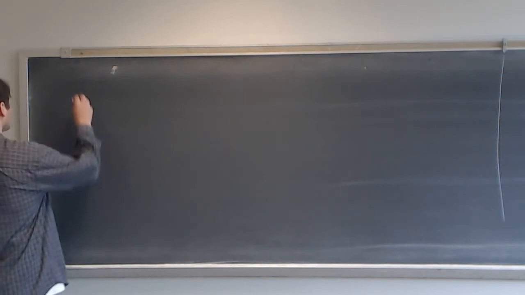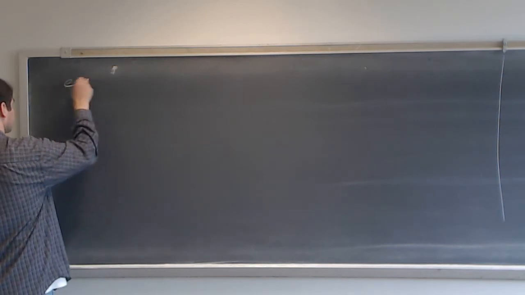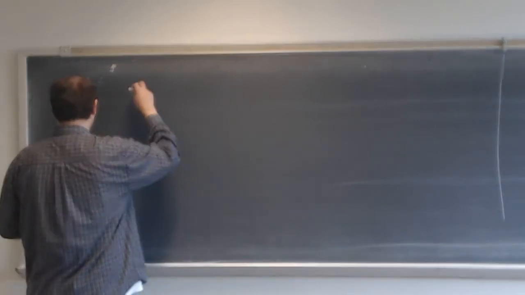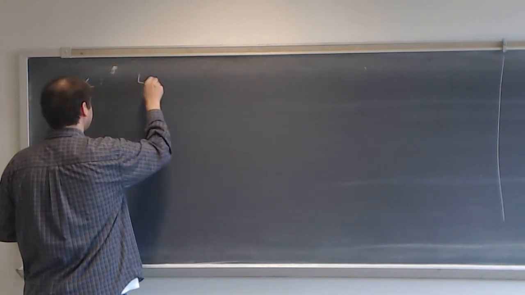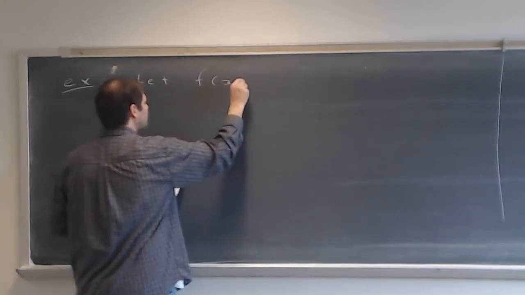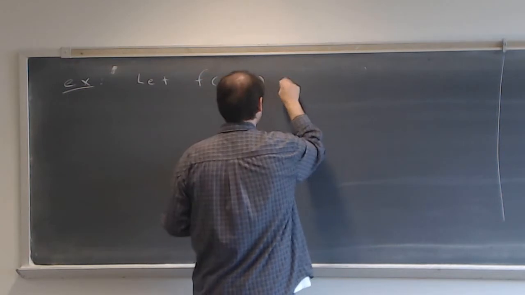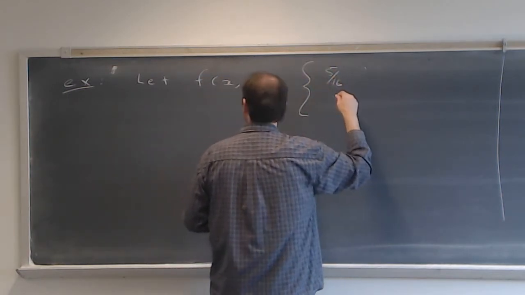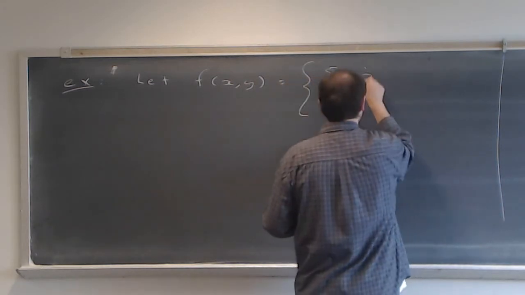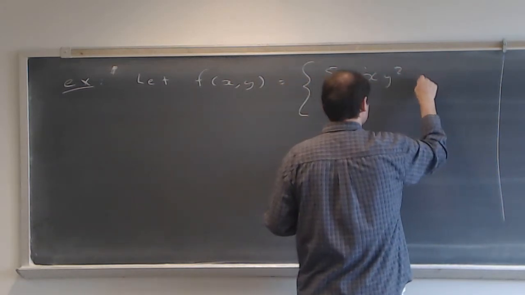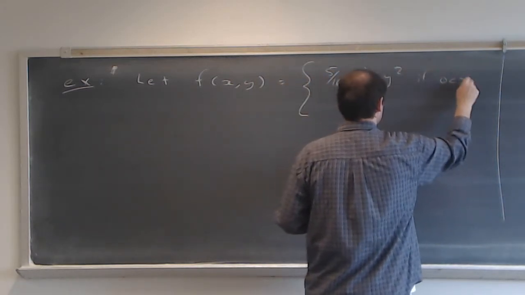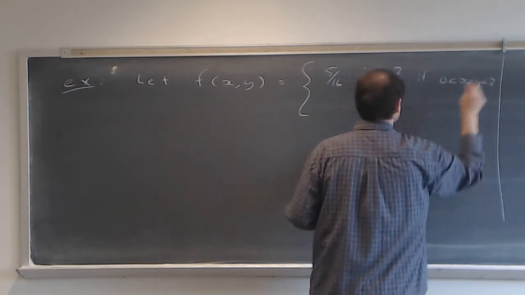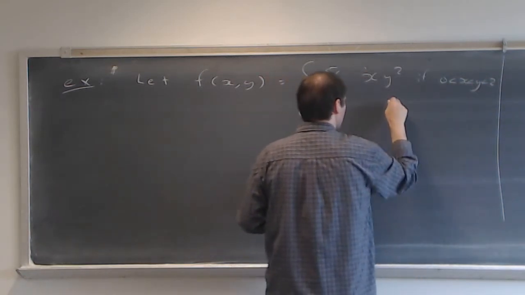So today we'll start with an example. We'll let f of x comma y be equal to 5/16 x times y squared if 0 is less than x is less than y is less than 2, and 0 otherwise.